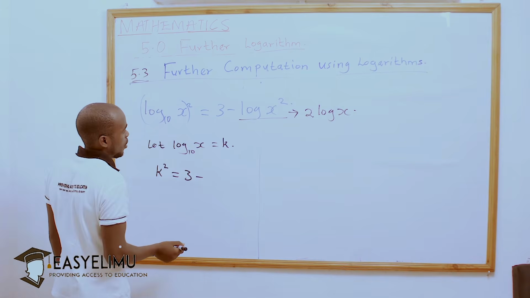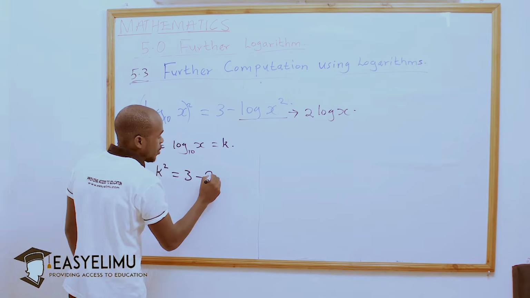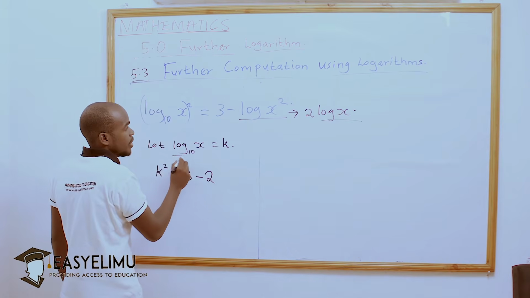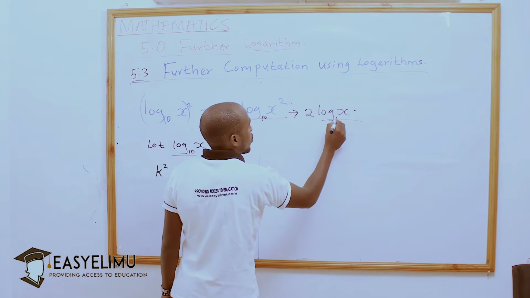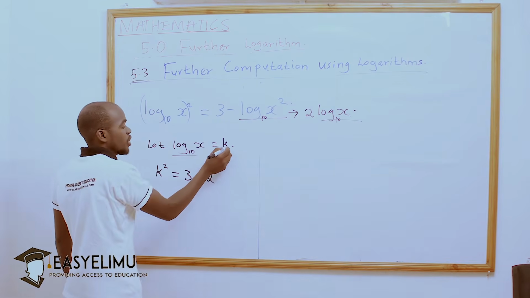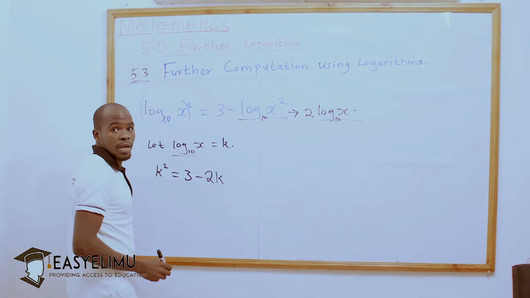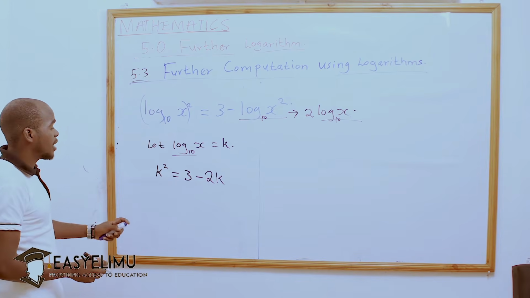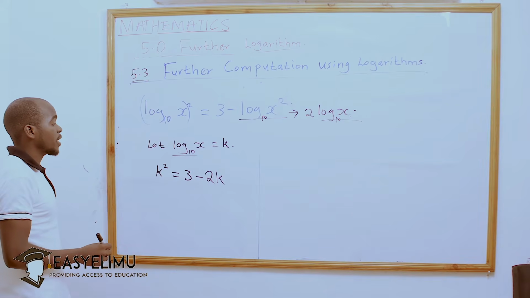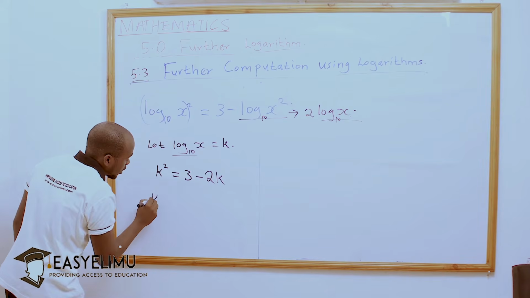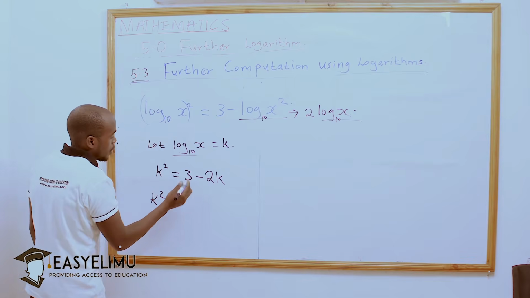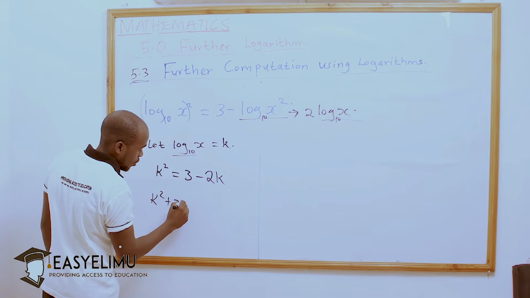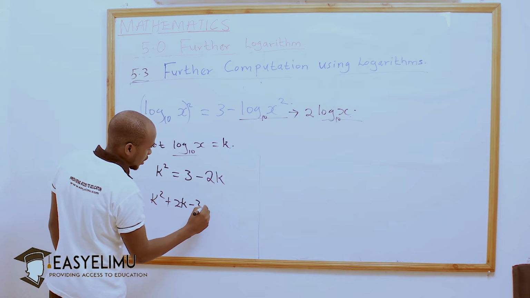So it will be 2, but this one we have said let it be to base 10, so let it be equal to k, so it will be k. Then from there we can see we have formed a quadratic expression, and we can use any method of quadratic equation to solve it.